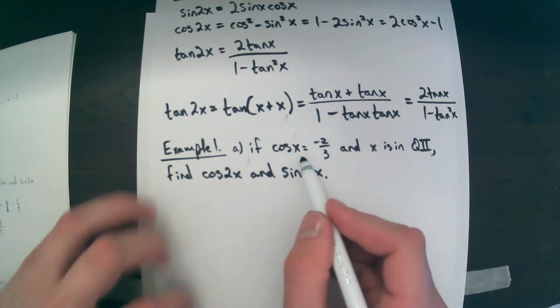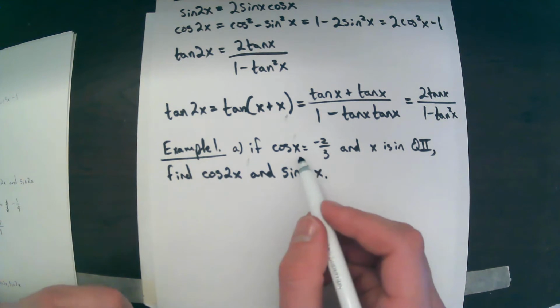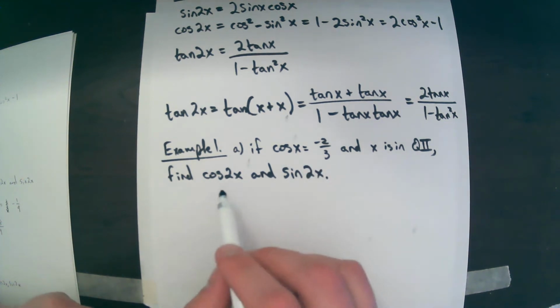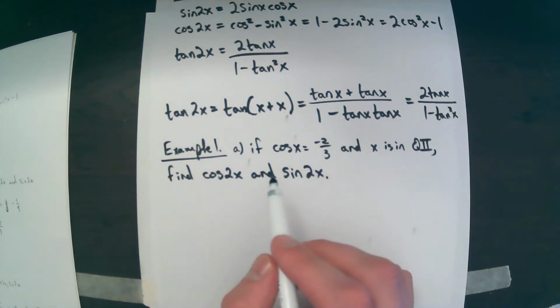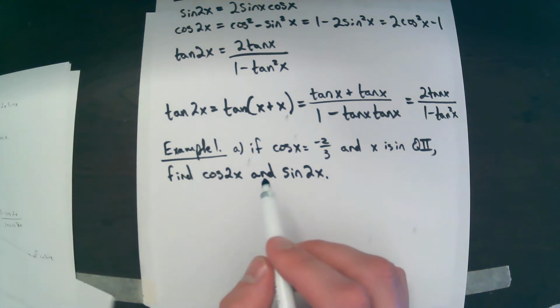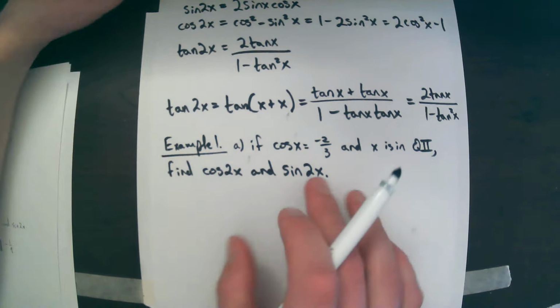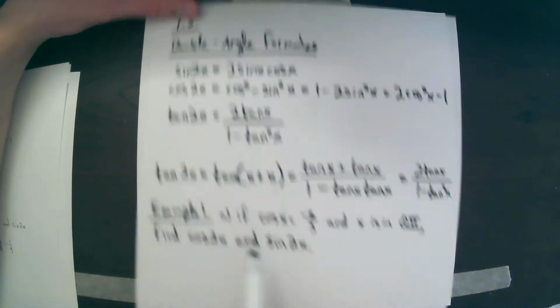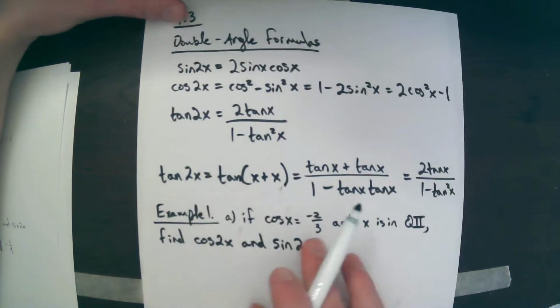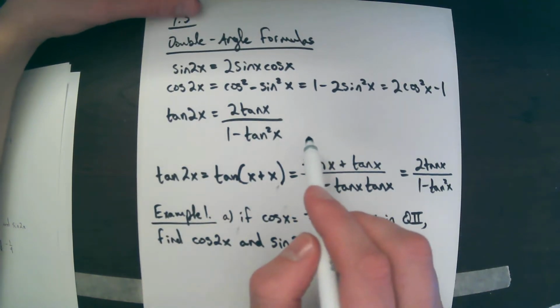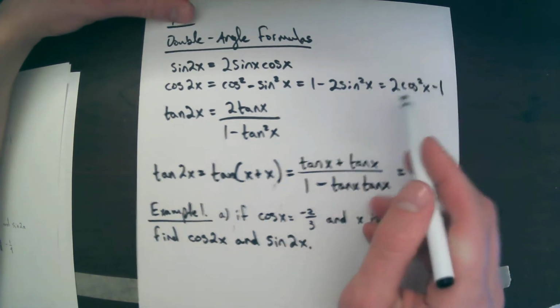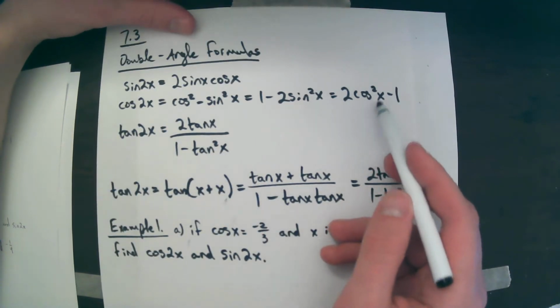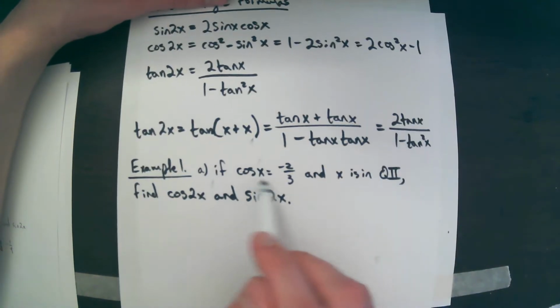So we know cosine of x, but we want to know cosine of 2x and sine of 2x. So if we're looking at the cosine of 2x formula, I'm going to find this one first. I can use this one, 2 times cosine squared x minus 1, because I already know cosine x.